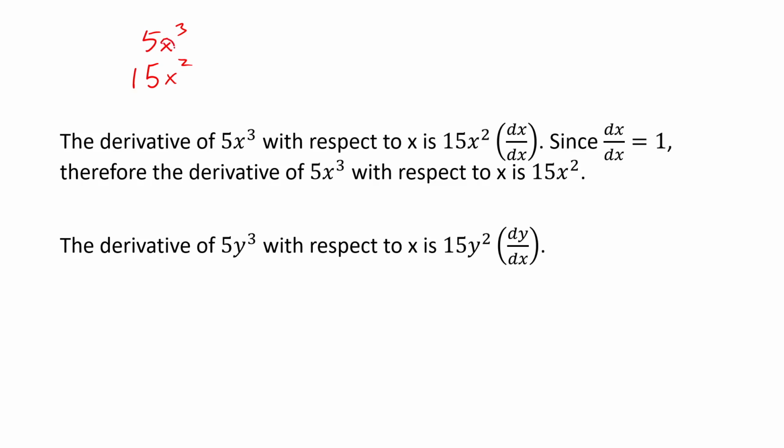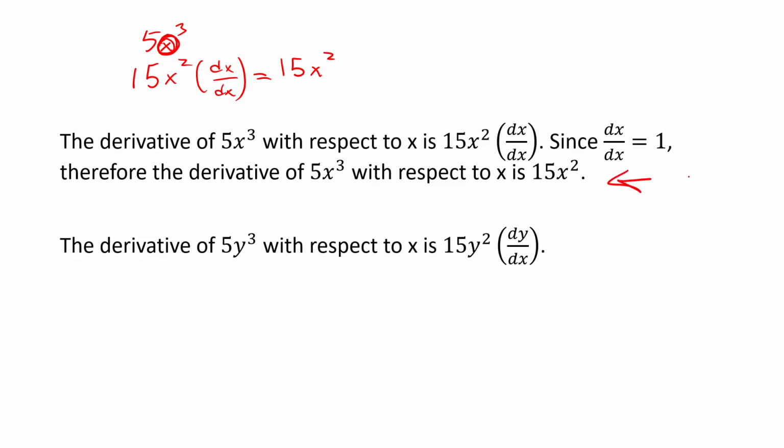But technically they should then also differentiate the base of the exponent with respect to x. So they should technically multiply the 15x squared by the derivative of x with respect to x. Now, the derivative of x with respect to x is just 1, and so it doesn't change the result, and so usually we don't show that.